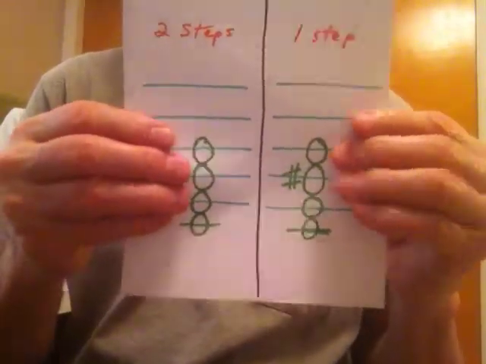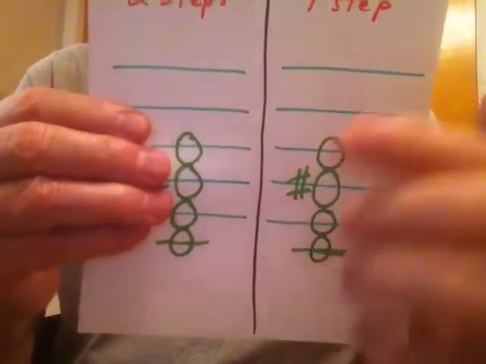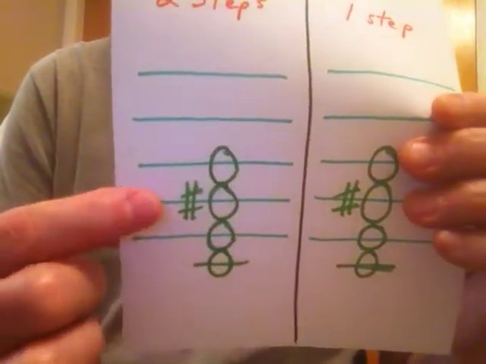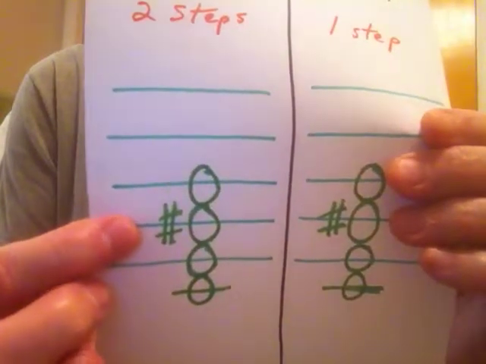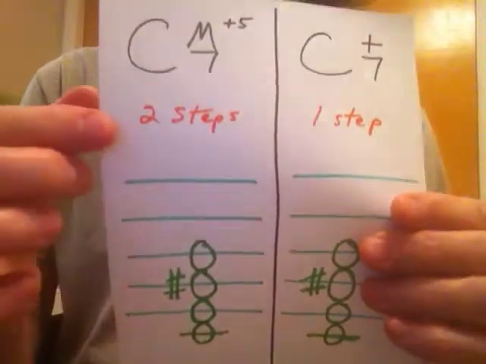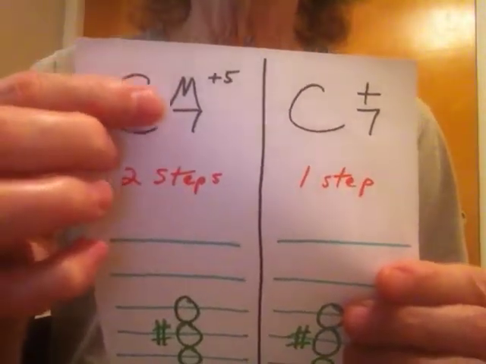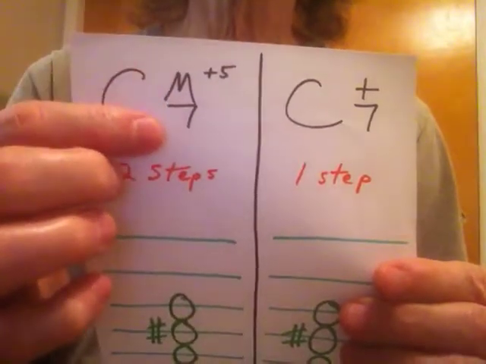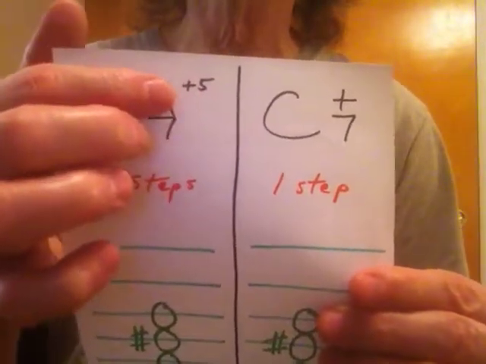So you would have a C major 7 here, and then we could have an augmented 5th here instead of a perfect 5th. And you would say, according to my system, oh, that's a C root major 7 type and size with an added or an augmented 5th, a modified 5th.